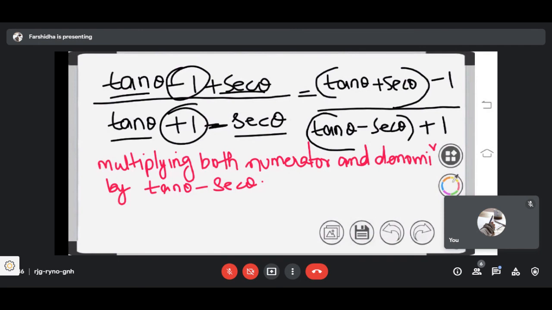Okay, so we got tan theta plus sec theta minus 1 divided by tan theta minus sec theta plus 1.